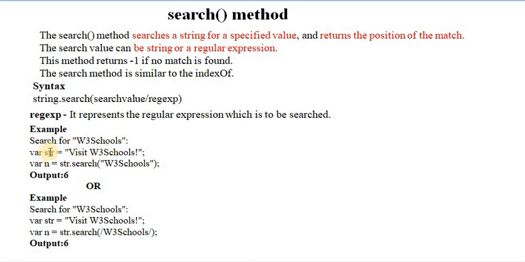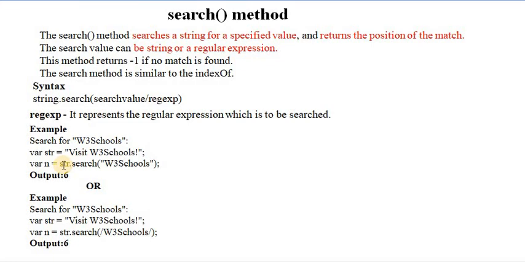Here I am taking one variable, that is str equal to "Visit W3Schools". And here I am searching by using the search method, that is str.search("W3Schools"), and storing this search result in the n variable and printing by using document.write.